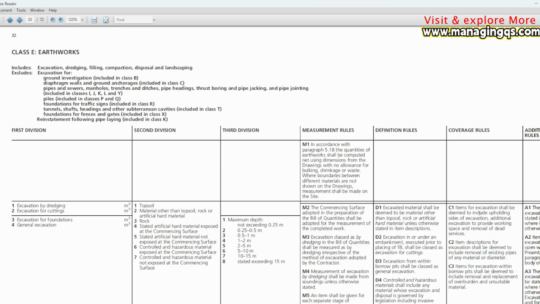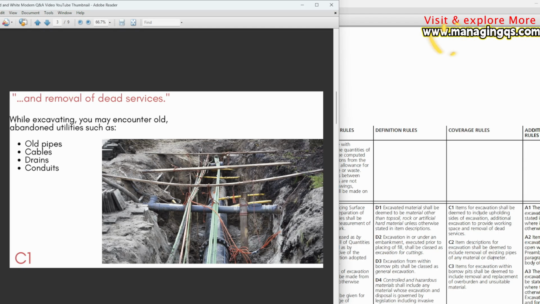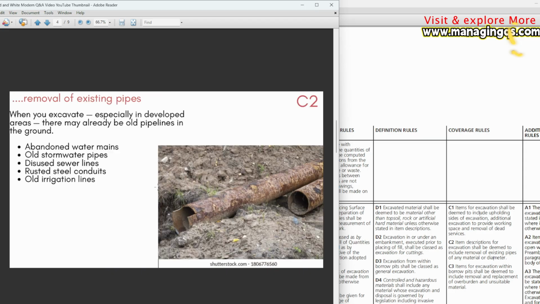So we know very well, in our class on pipe work, we discussed many things. We know there are different types of pipes we use in infrastructure work. So this point says removal of existing pipe. Removal of existing pipe means the abandoned old pipe.